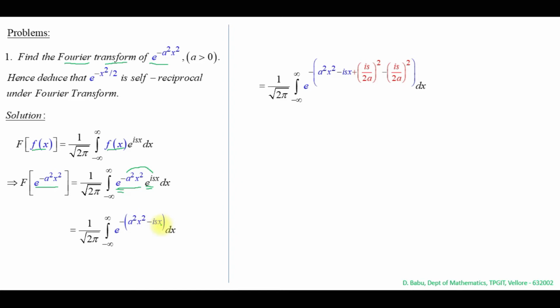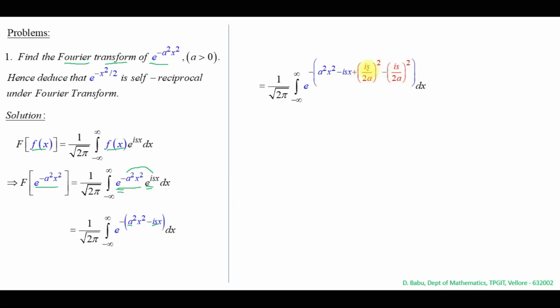What is the coefficient of x square? Here it is a square. Therefore, add and subtract i s divided by 2a whole square. Half of i s is i s divided by 2a, so we add and subtract i s divided by 2a whole square.